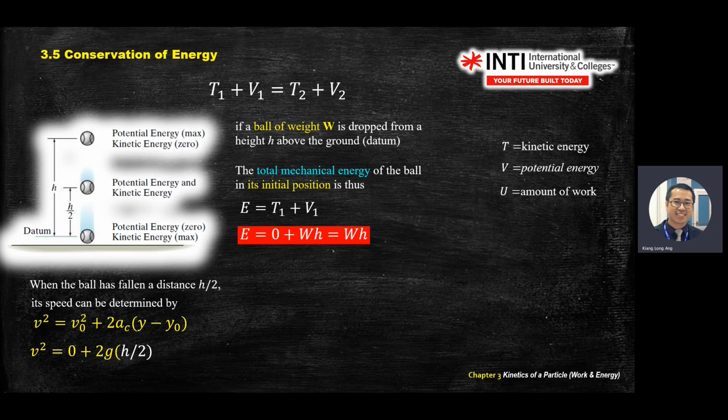When you want to find it in the middle, you need kinetic energy, you need mv squared, so you need velocity. How do you find velocity? In this case, what is constant? Acceleration is constant because gravitational acceleration is constant. You use v squared equals v naught squared plus ac times y minus y0. You will arrive at a velocity with the square root of gh. You put it inside the kinetic term of the conservation of energy equation.